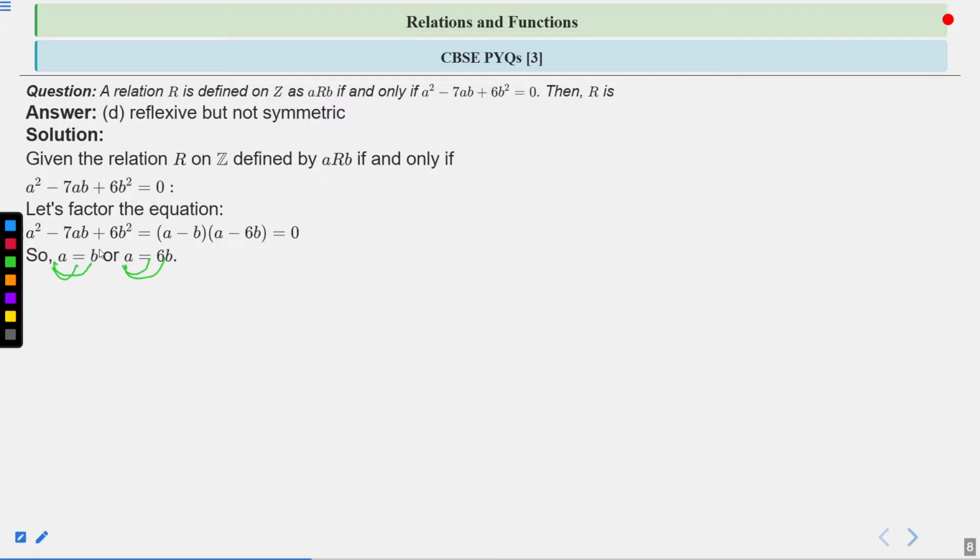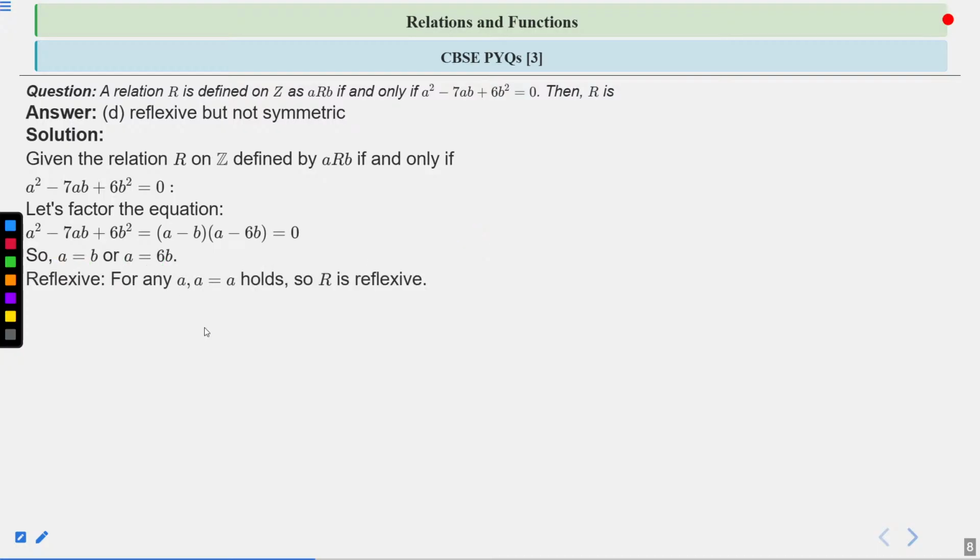So the relation will be reflexive, because we are getting A equal to B. We are also getting A equal to 6B, but it's fine, because A equal to B must be satisfied for all A belonging to the set. Therefore the relation will be reflexive.